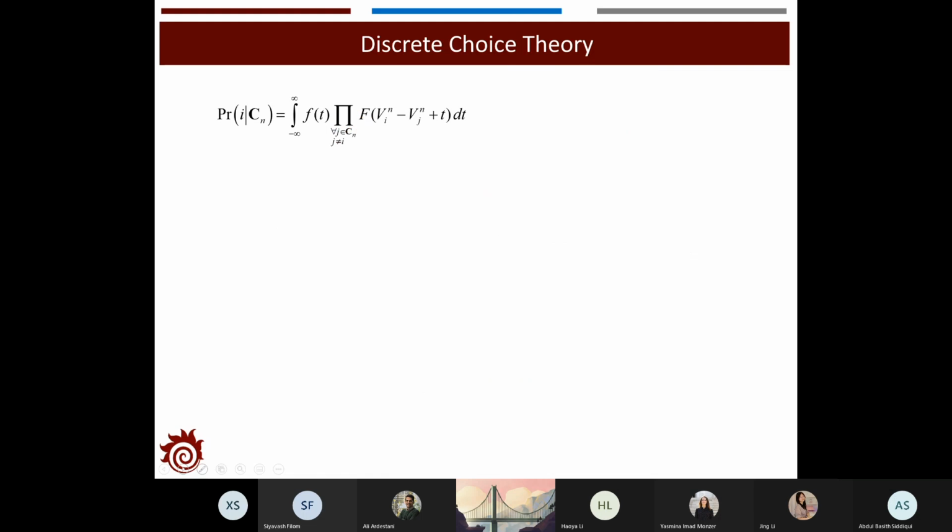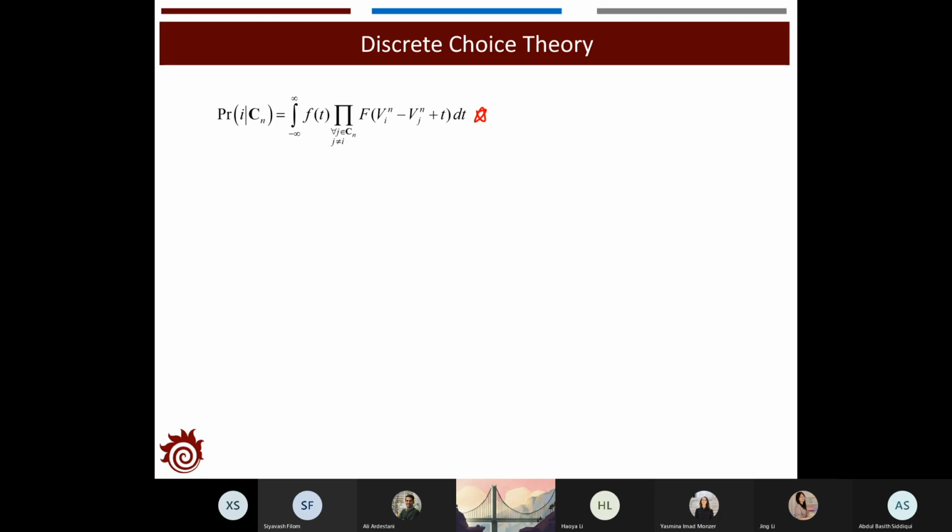And then we need to see what kind of distribution we can apply. Actually, this expression can be applied for any distribution: normal distributions, gamma distributions, beta distributions, and so on.